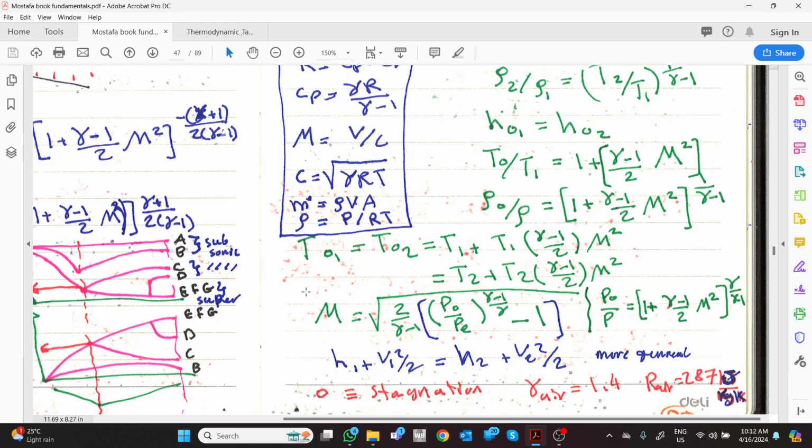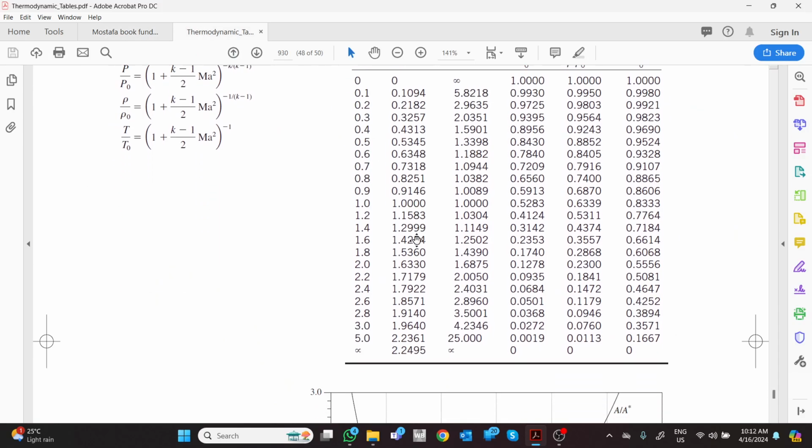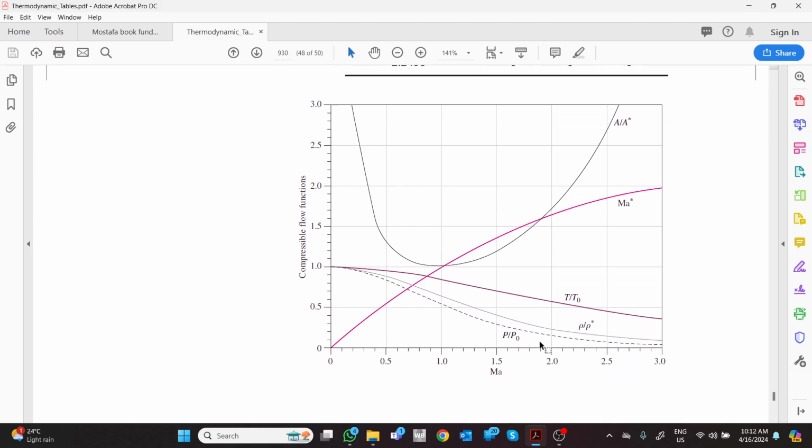I write it here for easier use. But if you have the pressure and the stagnation pressure, and you don't know the Mach number, either calculate it or go here, check P over P naught, and you get the Mach number.